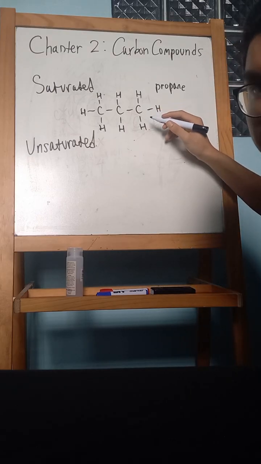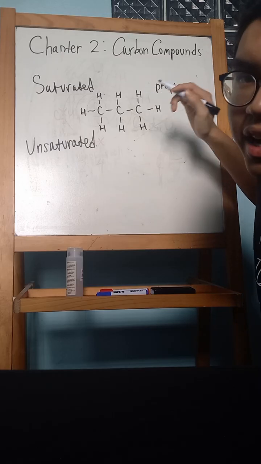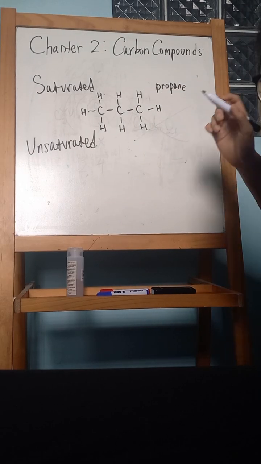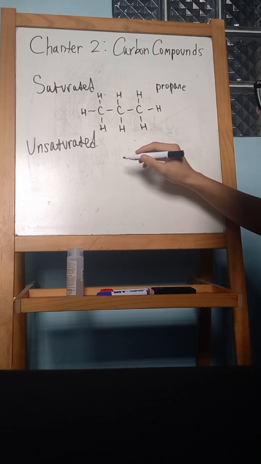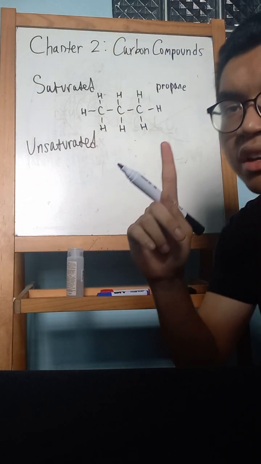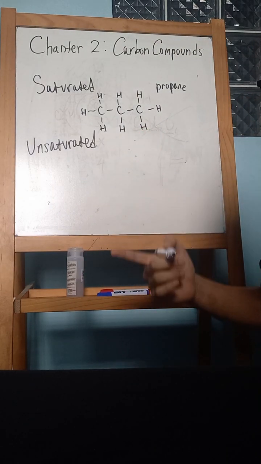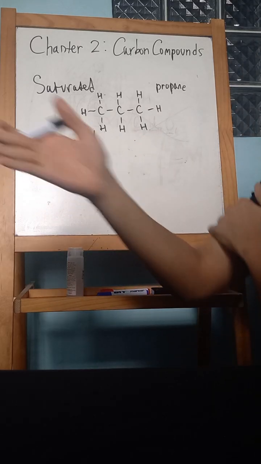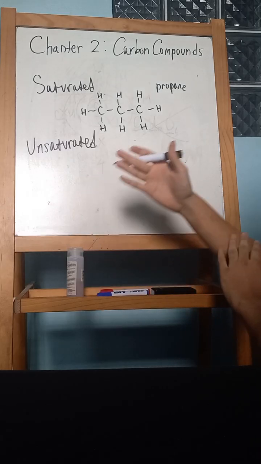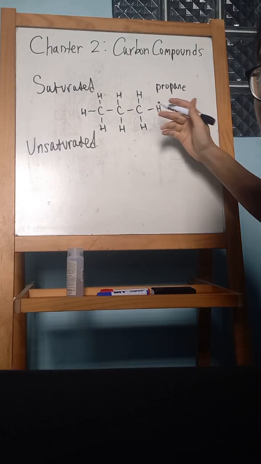It's a hydrocarbon, consisting of only carbon and hydrogen. Hydrogen only has one valence electron, therefore it can only have one bond. Each hydrogen can only be connected one time to something, to carbon.